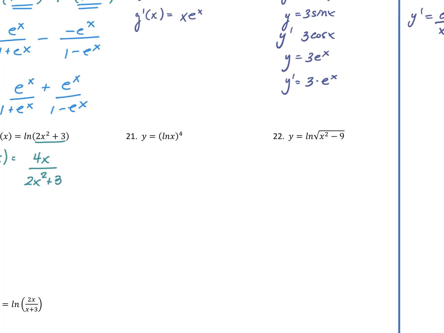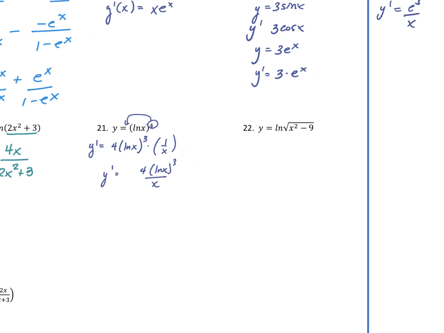For 21, we have chain rule. The outer function is the 4, bring it down, rewrite it, lower the power by 1, times the derivative of the inside. We get 4 ln of x cubed over x for that one.